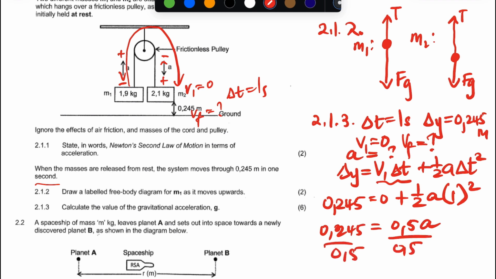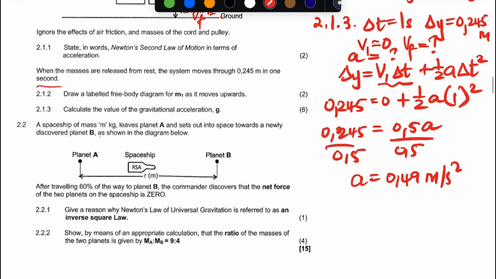So when you punch that in the calculator, it will be 0.245 divided by half. The acceleration of the system will be 0.49 meters per second squared.